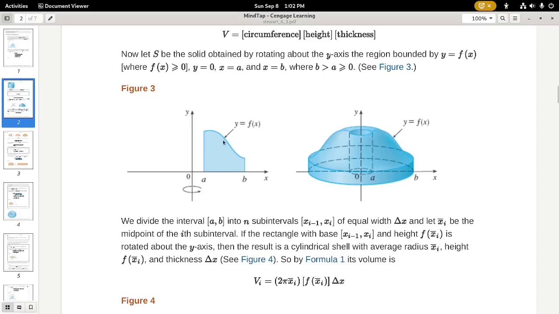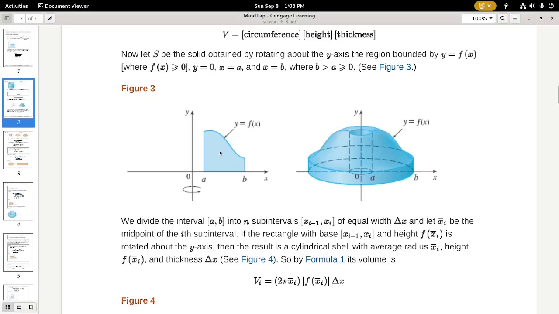So in this case, we'd cut this area along the x direction, and divide it up into small horizontal pieces. And when you rotate each of those small pieces around, that creates a disc, well, a washer, and then we'd have to compute the washer.